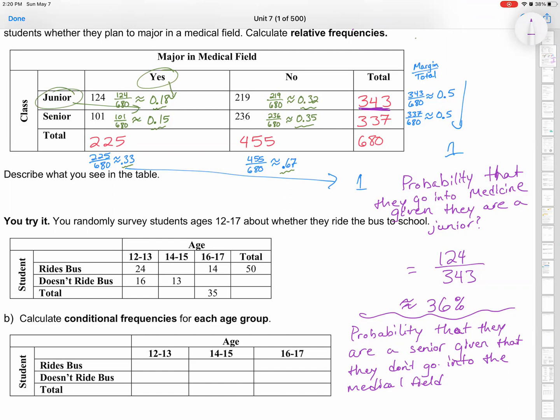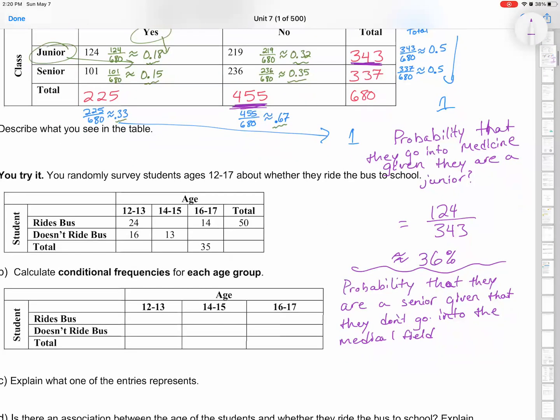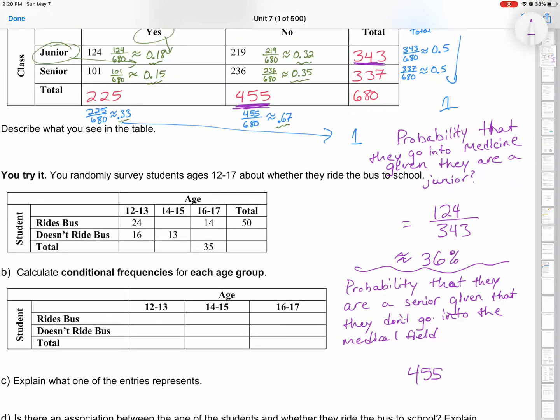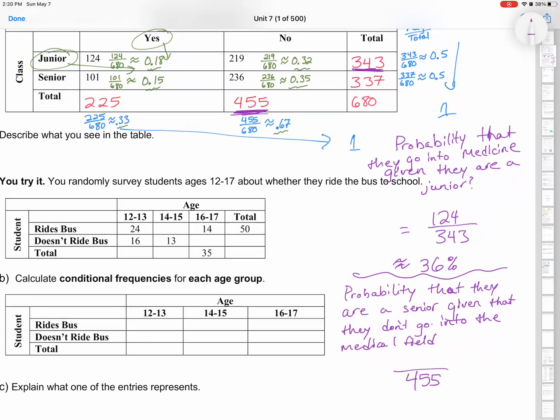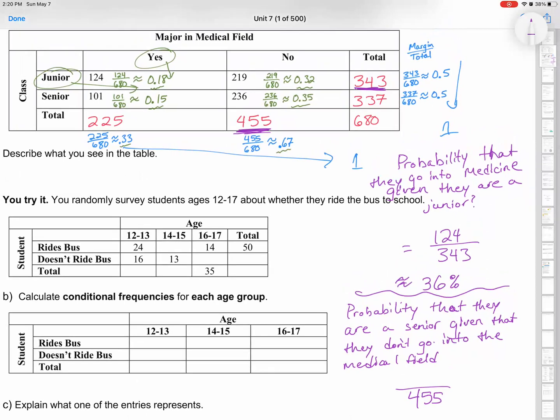All right, so you know for the fact that they are not going in the medical field, and that is the total 455. So there are a total of 455 of these not going in the medical field. What is the probability that they are a senior? Well, there are 236 of those not going in the medical field.